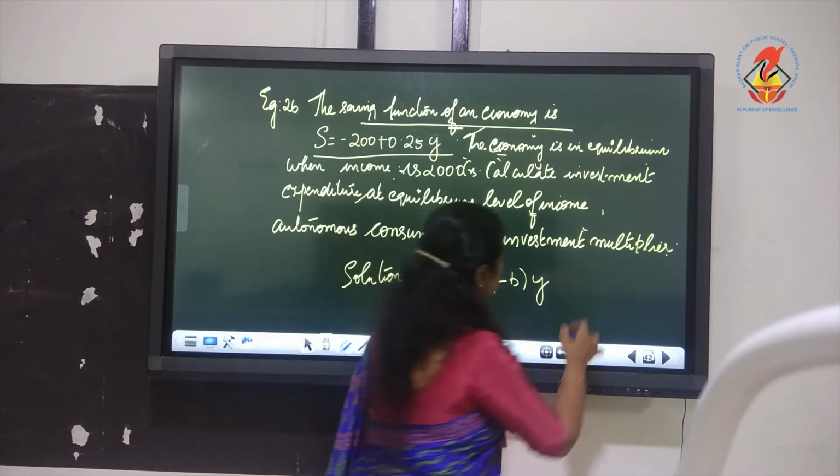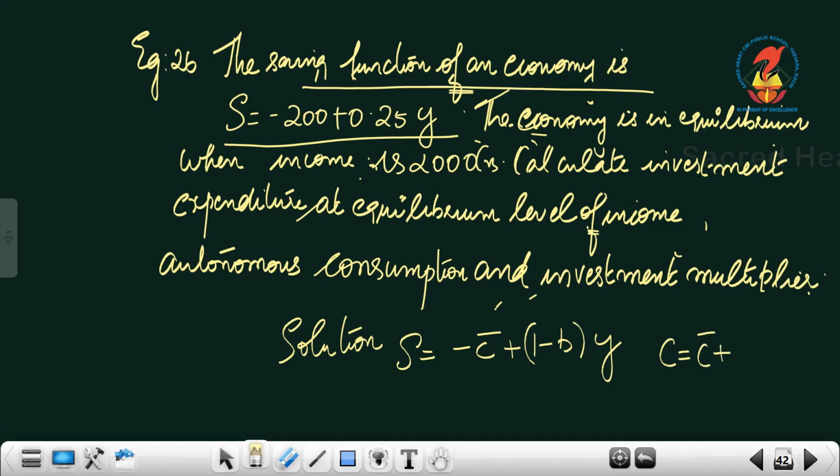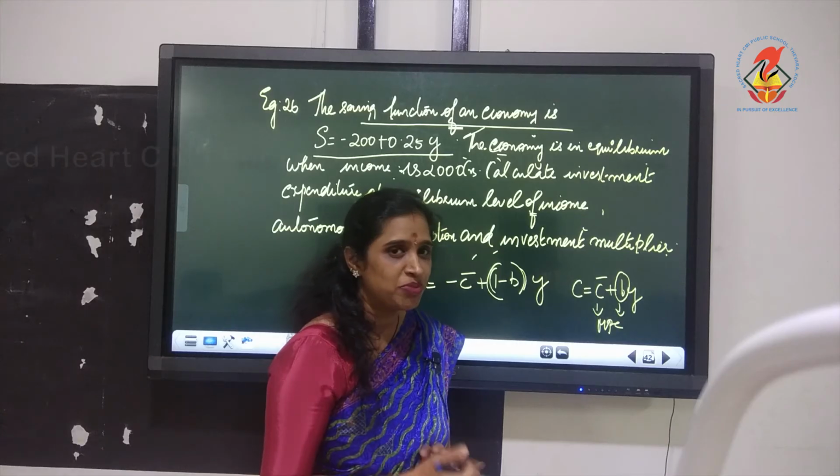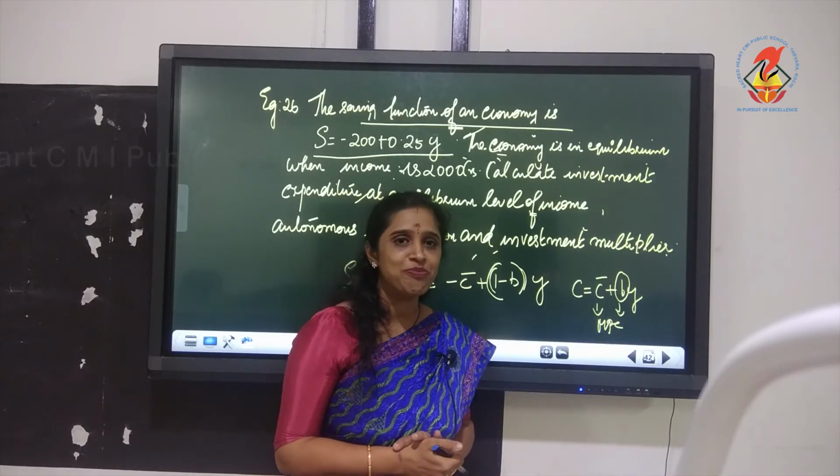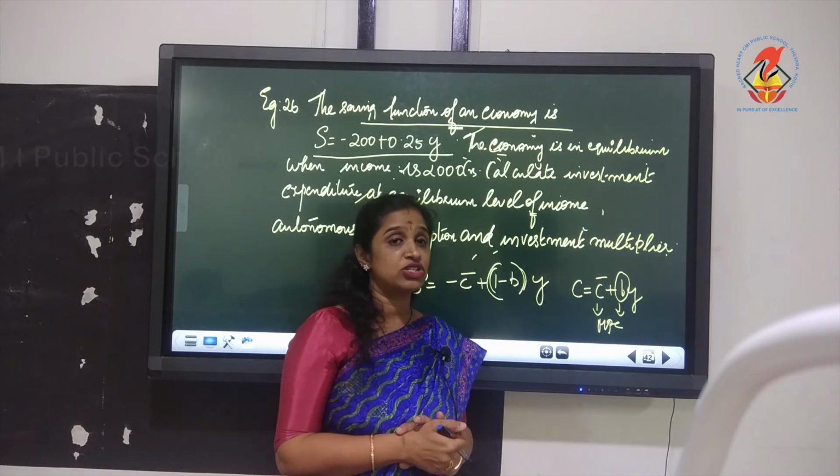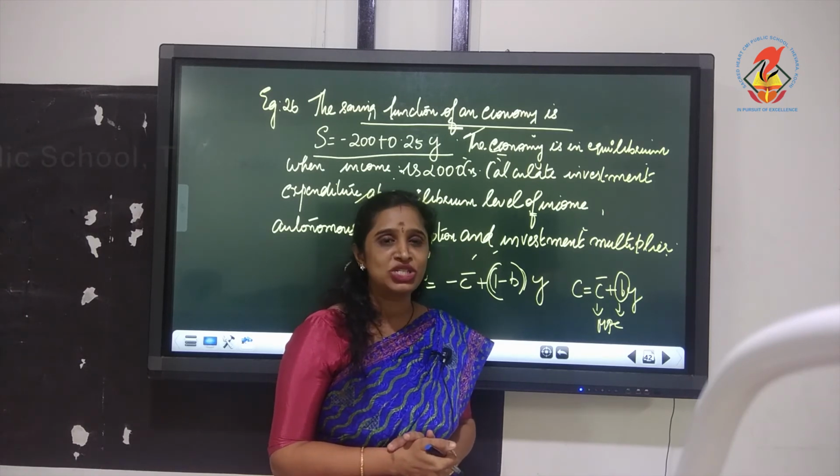Just remember the consumption equation: C is equal to C bar plus BY. Here C bar is autonomous consumption, and B is MPC, the marginal propensity to consume. So in the saving function, instead of B it is 1 minus B. If B is MPC, 1 minus B is MPS, because in the saving function we use the marginal propensity to save.